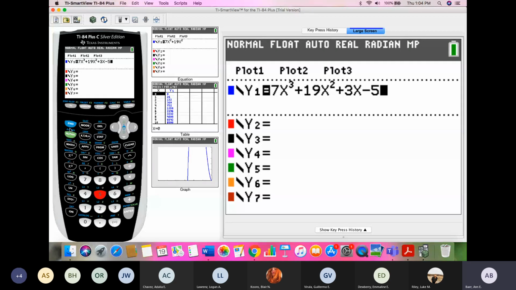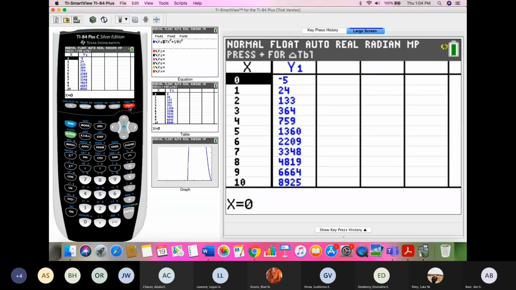If we take a look at the table, just for fun, second graph, you can see in this column, where we're talking about 0, 1, 2, 3, 4, and so forth through 10, it doesn't look likely.